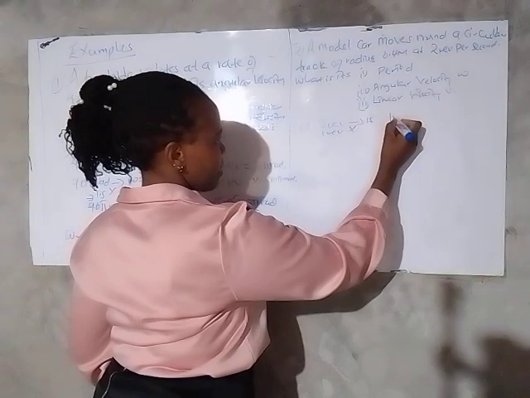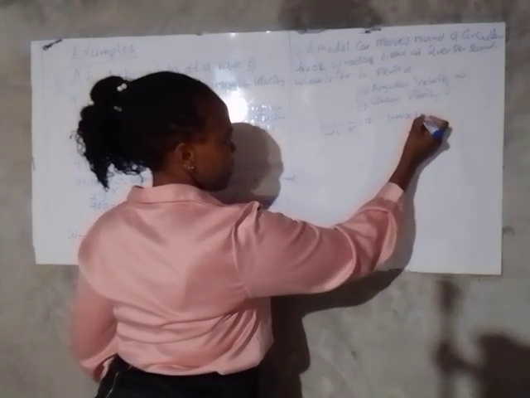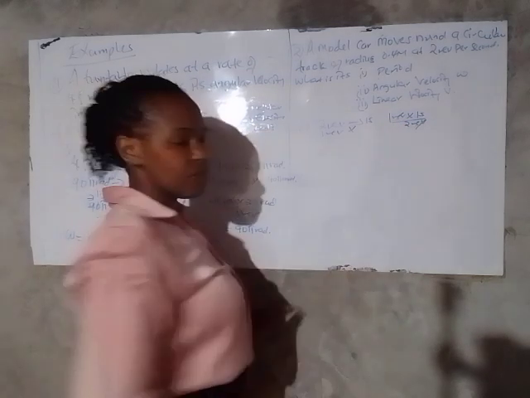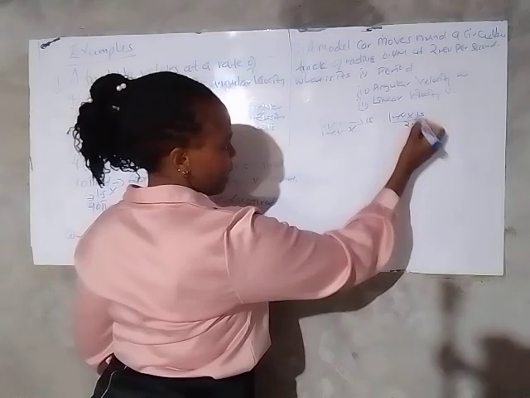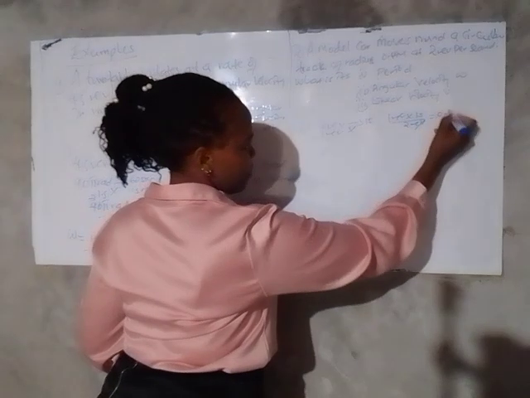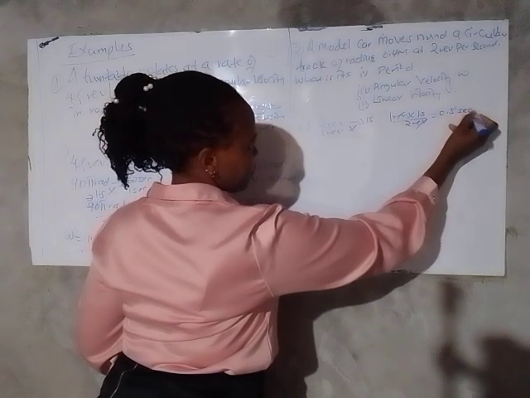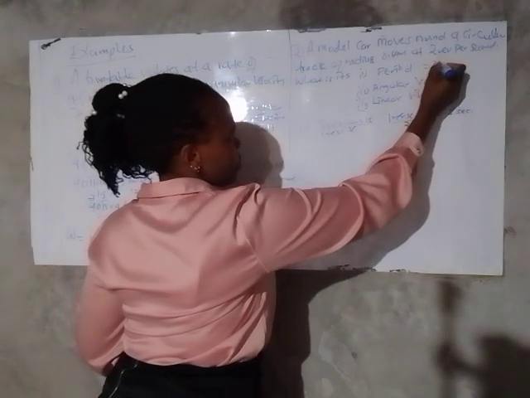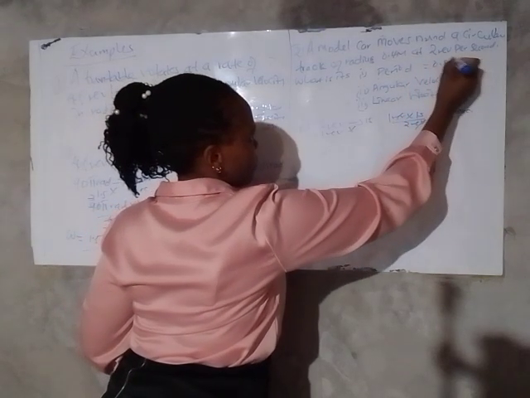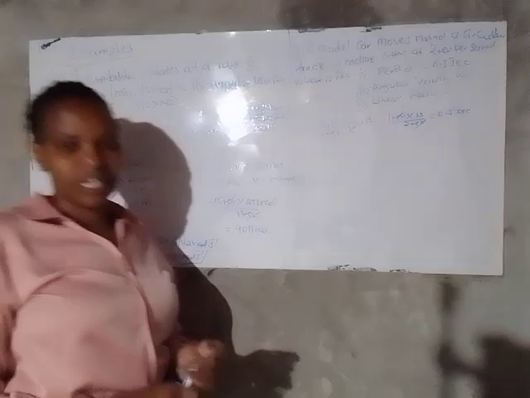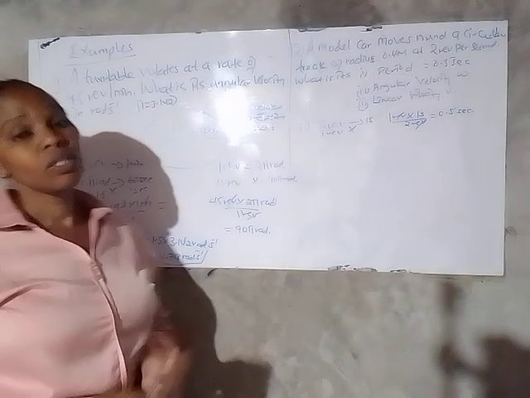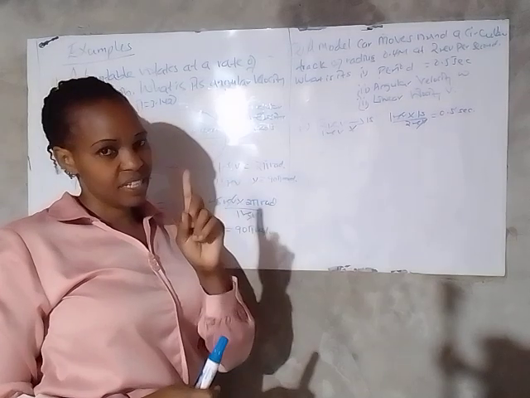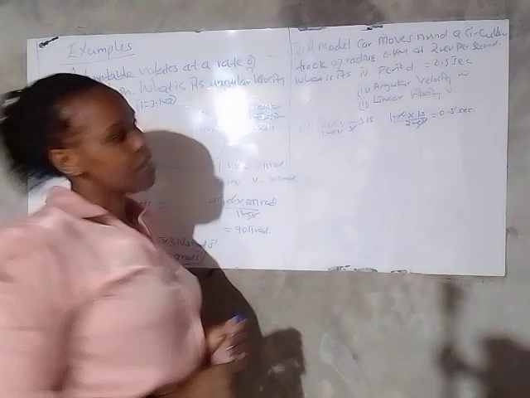So that becomes 1 revolution times 1 second over 2 revolutions. Revolution and revolution cancel. So 1 divided by 2 is 0.5 seconds. So (i) equals 0.5 seconds. Period is the time taken to go round 1 revolution.